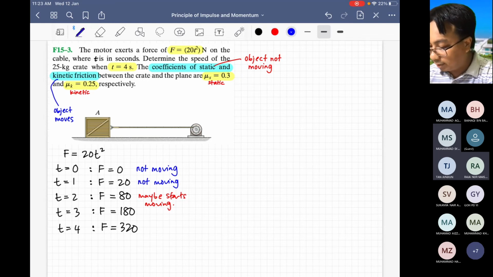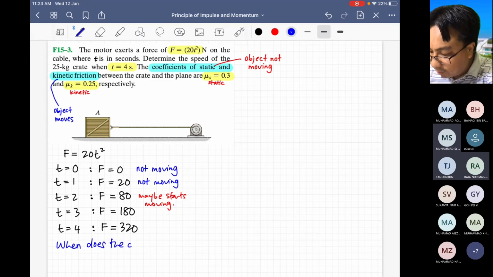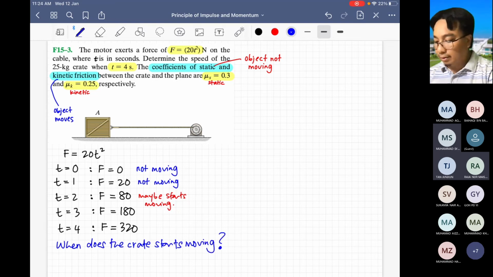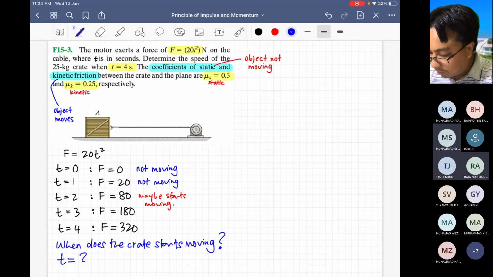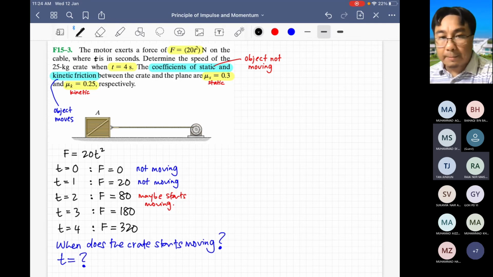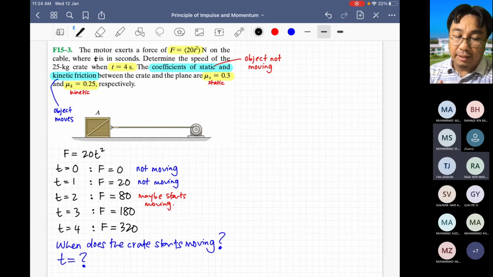So now the question is, when does the crate start moving? Ini question yang kita perlu answer. T sama dengan berapa? Anybody knows? Ataupun theoretically, bila dia akan start move?